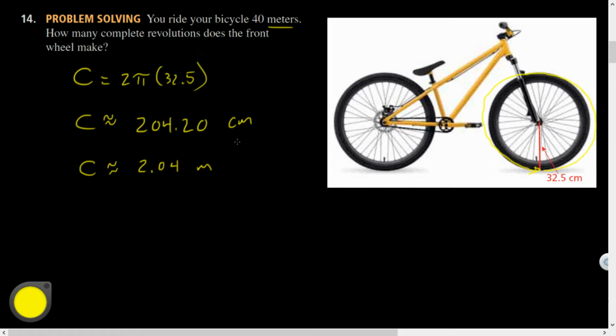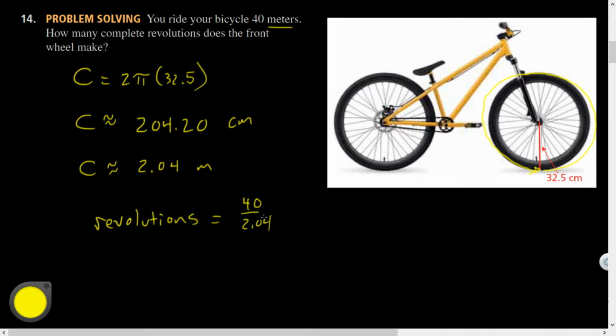Oh, either way works. So the circumference of that wheel is 2.04 meters. If I want to figure out revolutions, it's going to do 1 revolution each time this wheel makes 1 full turn. And I think I could figure that out by doing 40 divided by 2.04.